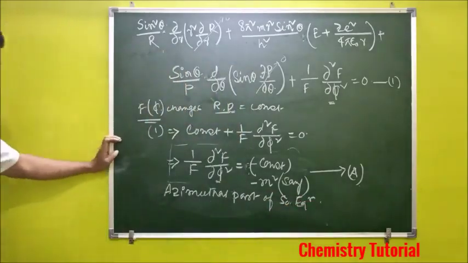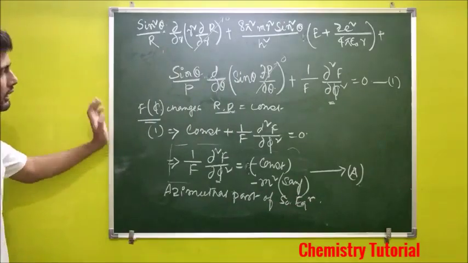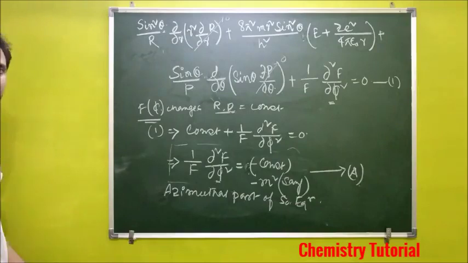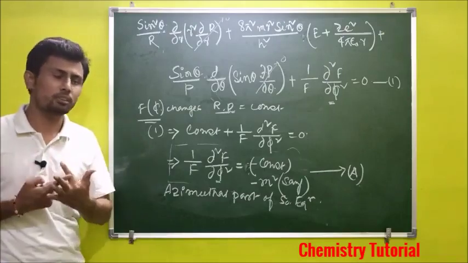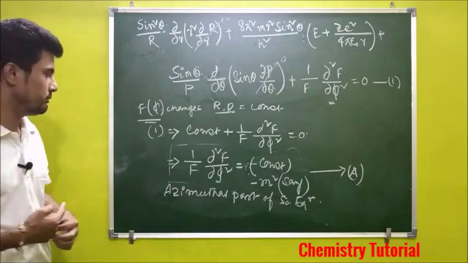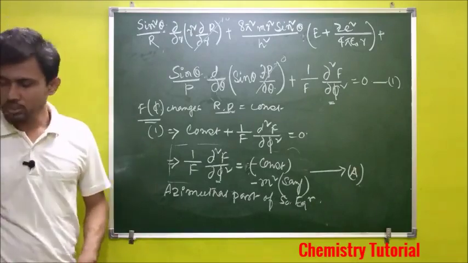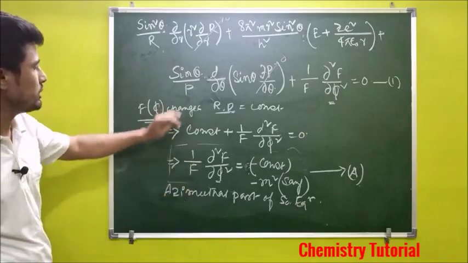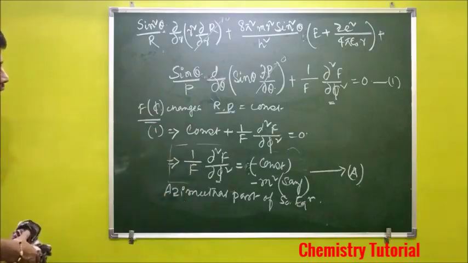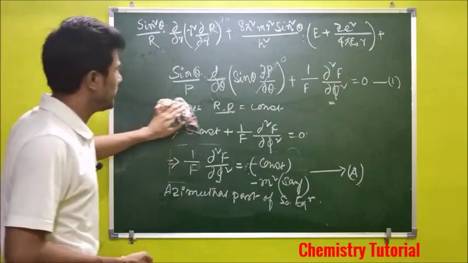Okay, so now what we will do, we will separate the remaining part, that is r and theta, and we will derive two equations, one depending upon r and one depending upon theta. Okay, so here you consider, since it is a constant term, equation 1 becomes what?